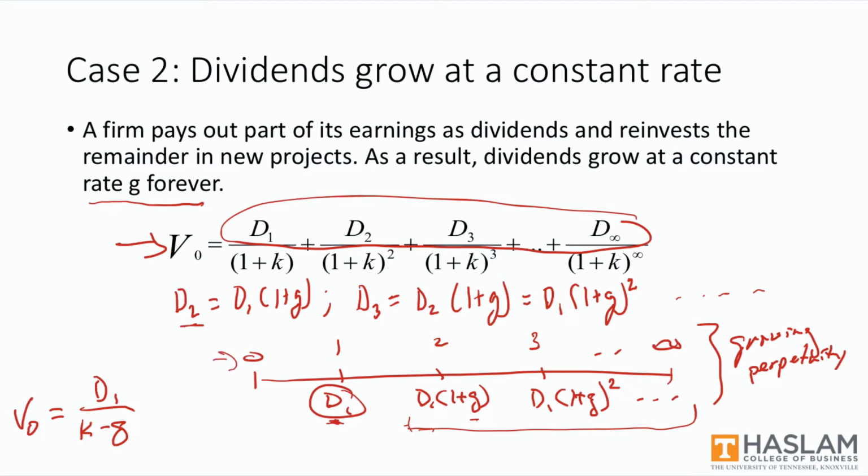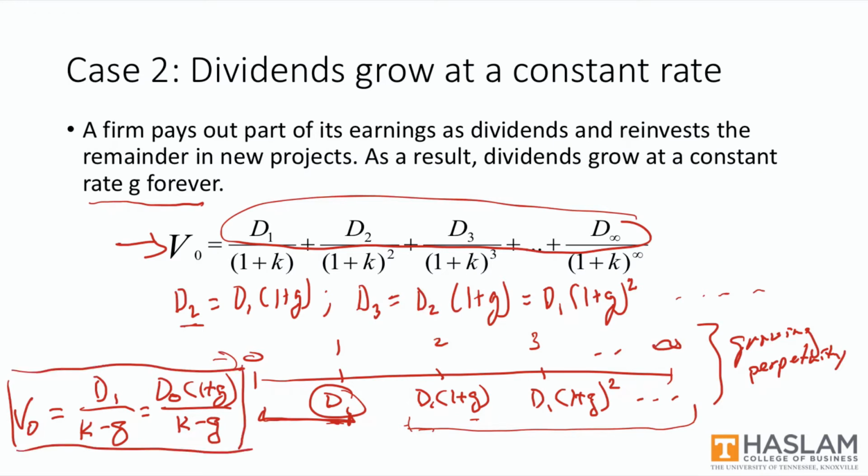We can write it in terms of the dividend at time 0 as well, because we know that this constant growth rate is going to apply between time 0 and time 1. And so we could also write this as D0 times 1 plus G divided by K minus G. So once again, here is your formula for the growing perpetuity.